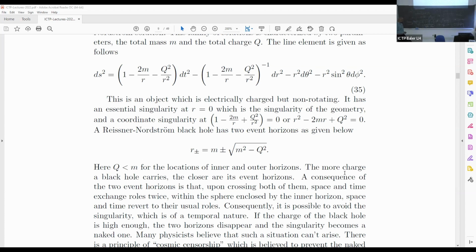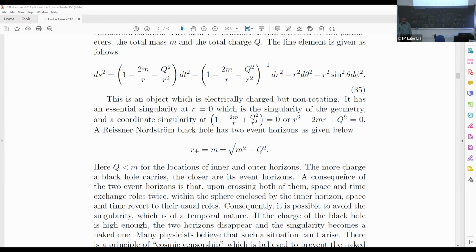So it's an object without the event horizon, which Roger Penrose called the naked singularity, and he states a theorem which people think is a conjecture, not proven yet, that God abhors naked singularities. Naked singularities cannot exist in nature.